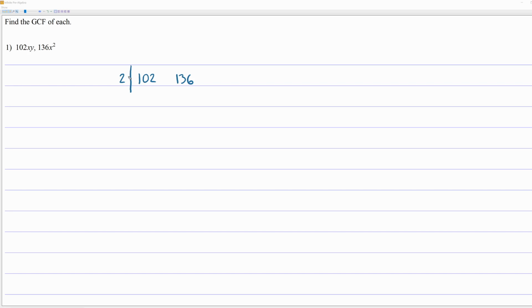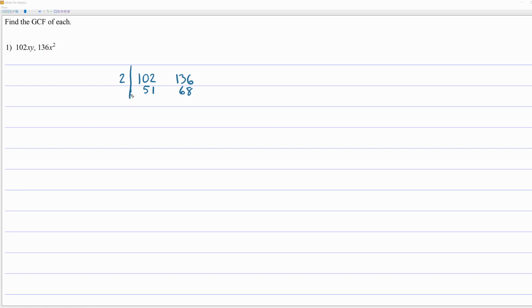So 102 divided by 2 is 51, and 136 divided by 2 is, let's see, well, 2 goes into 13 6 times with a remainder of 1, and then 2 goes into 16 8 times. So now we have 51 and 68.